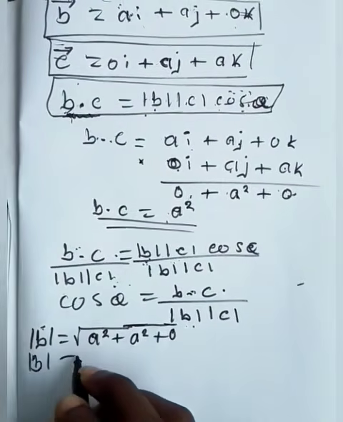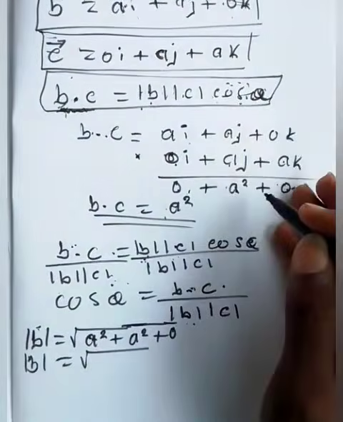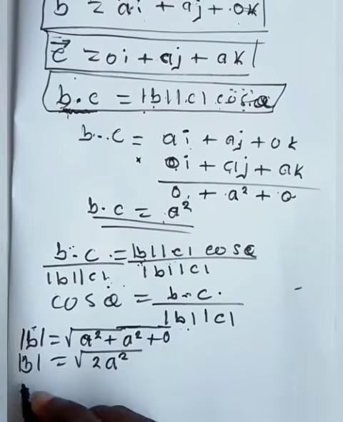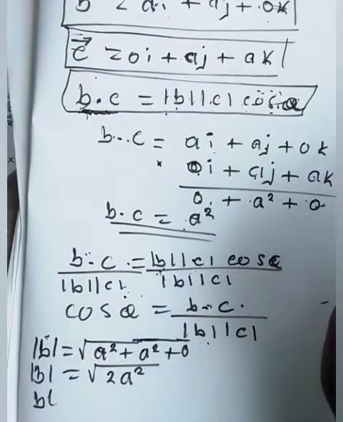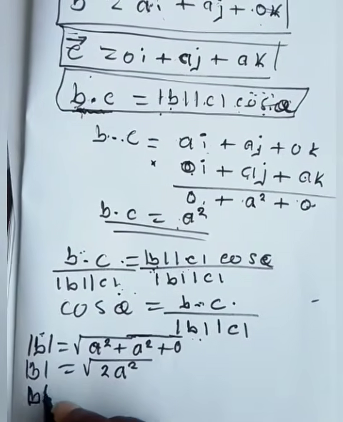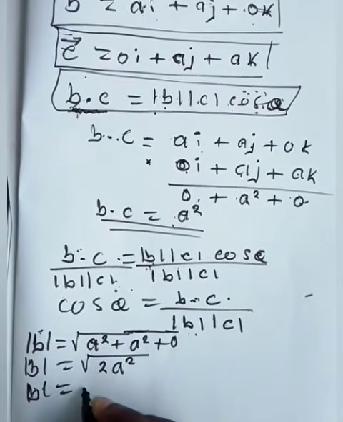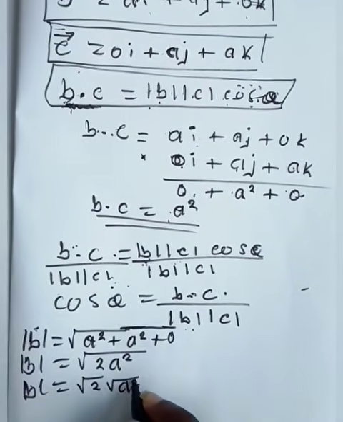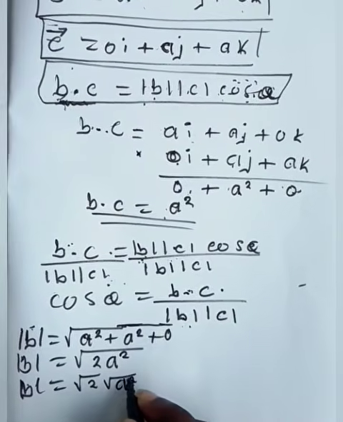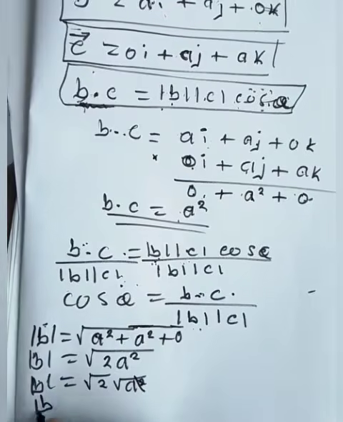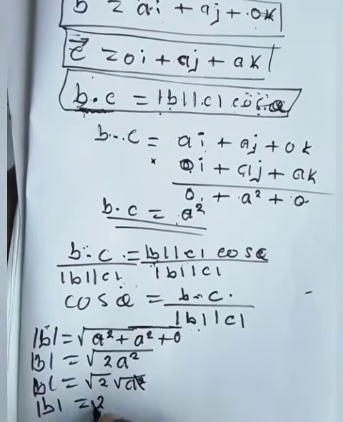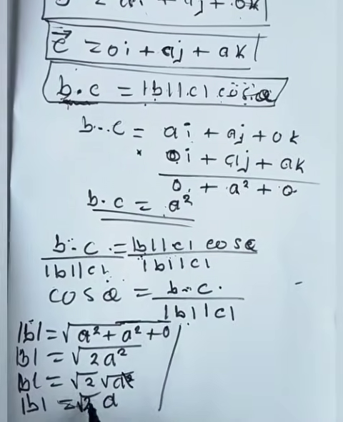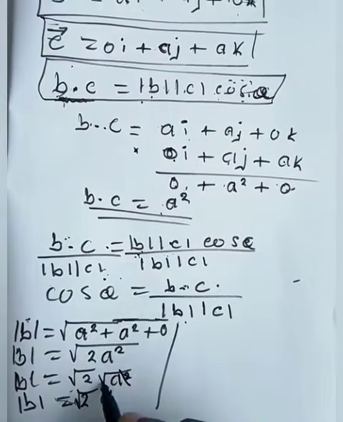So we can sum this up and we are going to get 2a power 2. We can simplify this. The magnitude of B, we can write this as, now this square root is going to cancel this power 2 that a is having, and you're just going to remain with square root of 2a. So we have found the magnitude for B is square root of 2a.